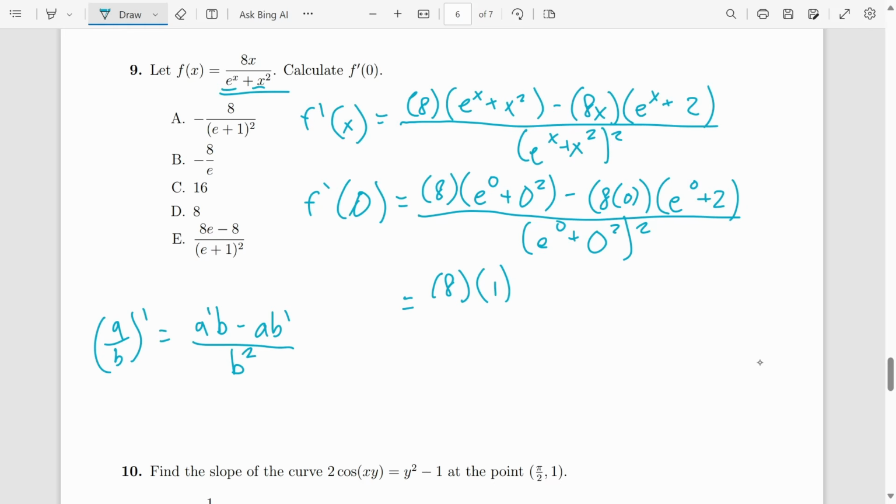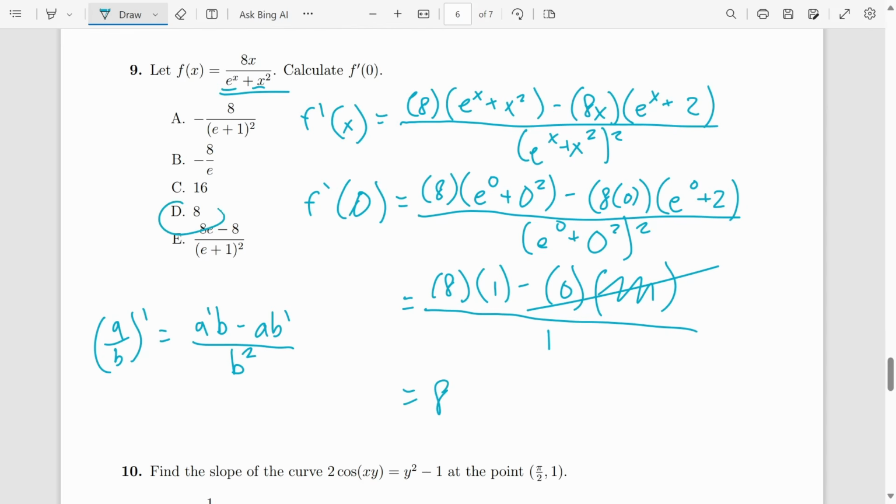All of this is going to be 0 because this is a 0, and then this is going to be whatever, but that's all going to cancel out because of that 0 there. So this is now 8 all over 1 plus 0 squared, which is just 1. So our answer is going to be 8.